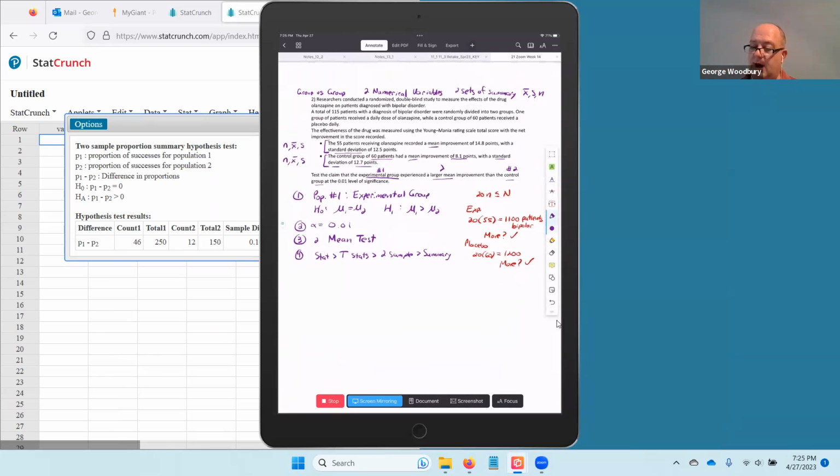Again, probably not a bad idea to list somewhere: Population 1 was the experimental group. List the mean, which was 14.8, the standard deviation, 12.5, and the size. And then do the same thing for the placebo group. It'll make it easier to get your information into and out of StatCrunch. The mean was 8.1, standard deviation 12.7, and n was 60 for that group.